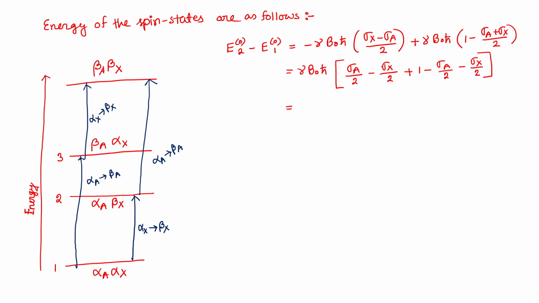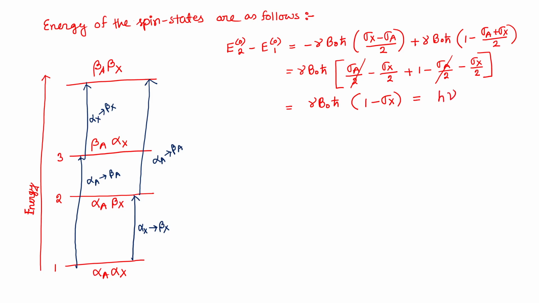So sigma A by 2 and these are going to cut, and you are going to get gamma B0 h cut 1 minus sigma X, and that is nothing but your energy difference between the spin state of X nuclei, right?